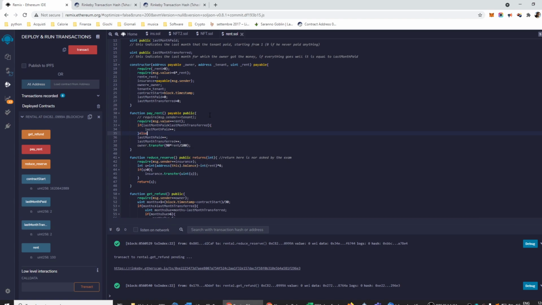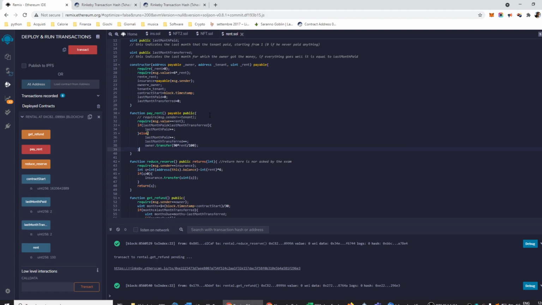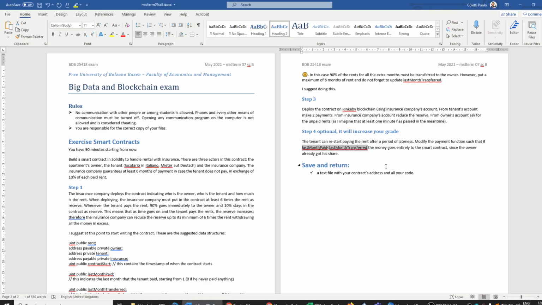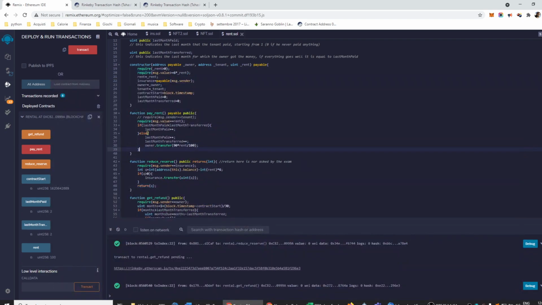I think it's like this. Entirely to smart contract. So you see, if the tenant is in delay with the payment, we just increment the payment.